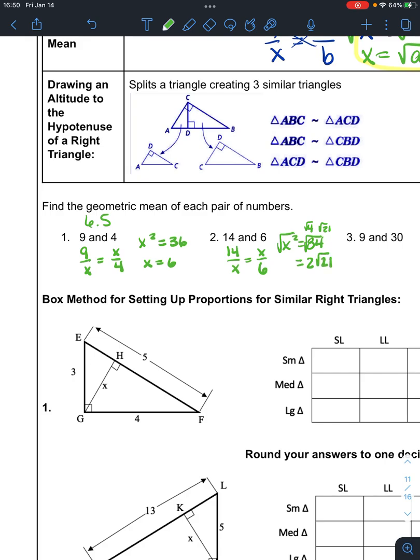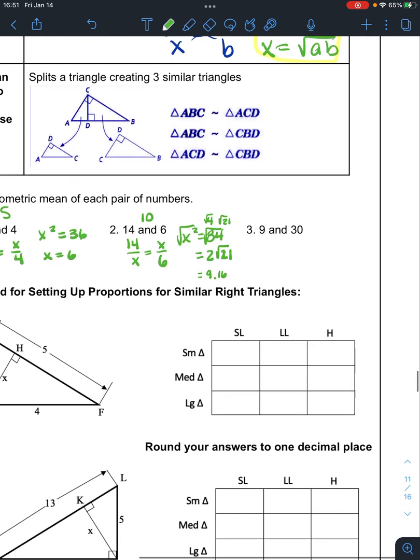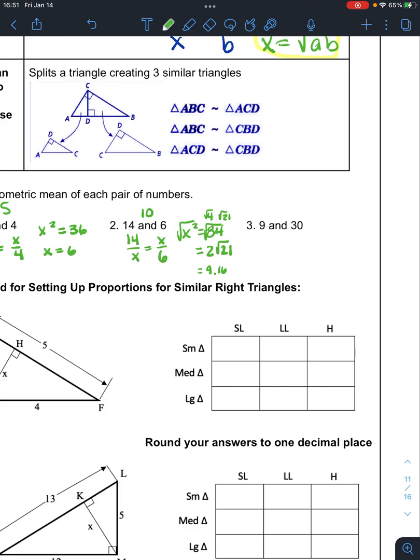The square root of 21 is a decimal, so we're going to leave it inside the square root. Now, 2 root 21, or the square root of 84, is 9.16. Okay, so the approximate number would be 9.16, where the arithmetic mean of these two numbers is 10. So again, they're close, but not exactly the same.